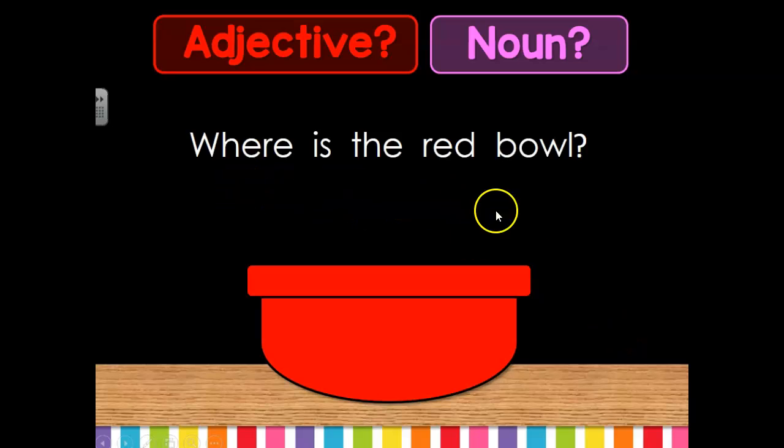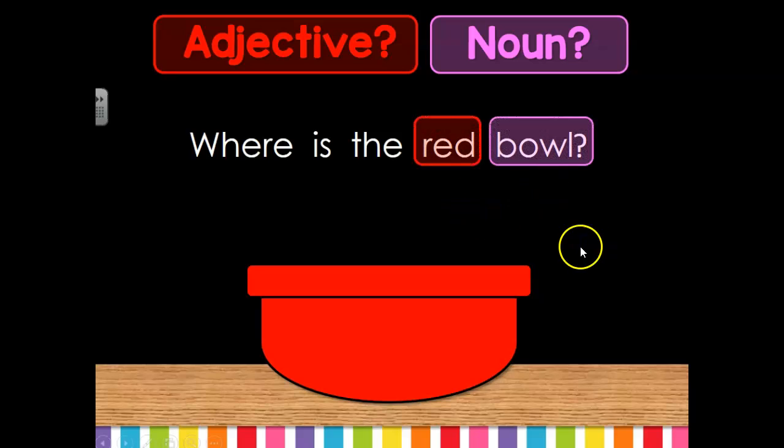Where is the red bowl? First thing, what is the noun? All right, bowl. What word describes the bowl? Red. Absolutely. So bowl is the noun. Red is your adjective that modifies it.